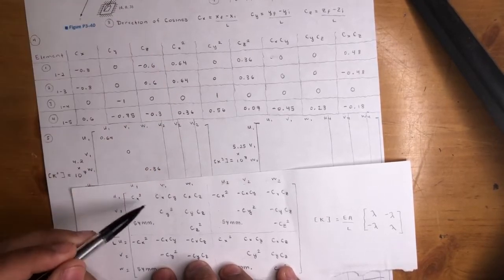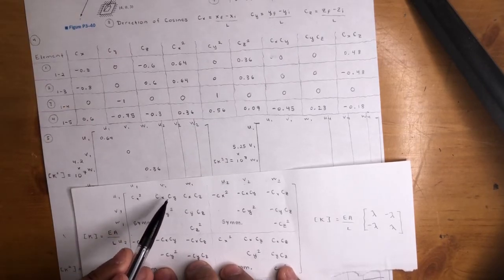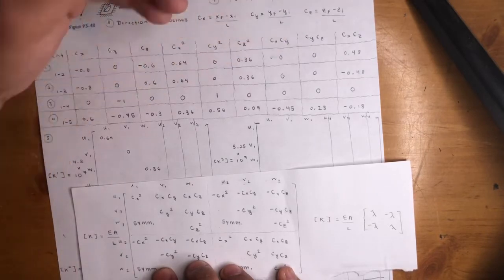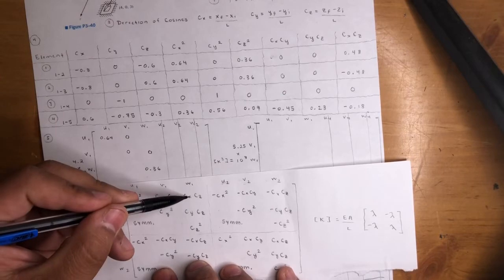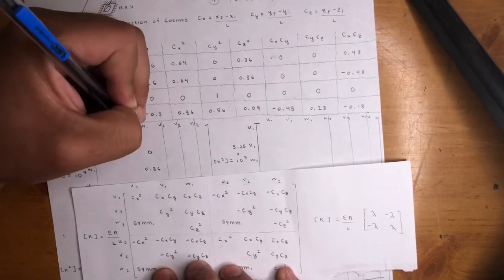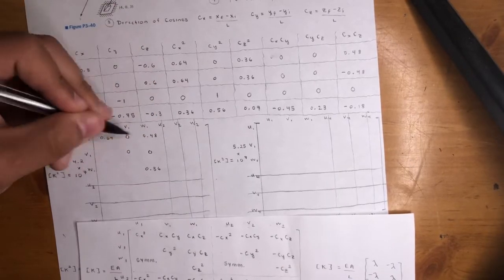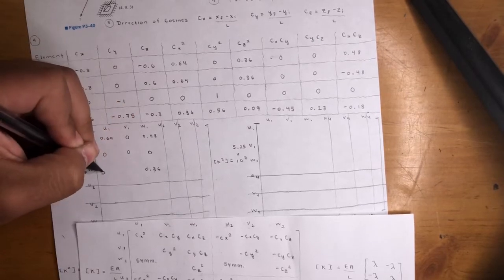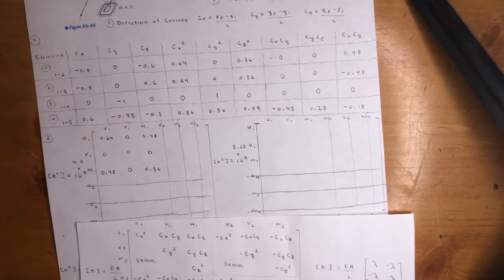Now the next one, cxcy, cycz: it's these two, 0 and 0, 0, 0. And then finally cxcz, which is 0.48 for element 1. It's symmetrical, so the rows become columns. That 0 goes here, 0.48 goes here, and that 0 comes here. So that one's done.